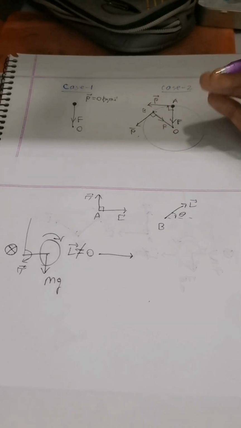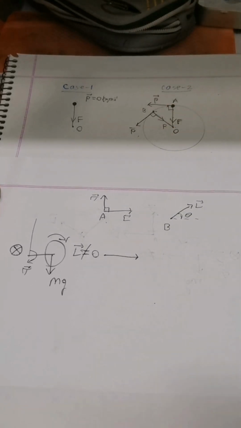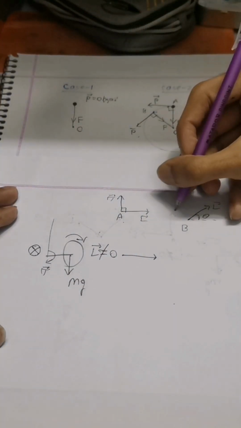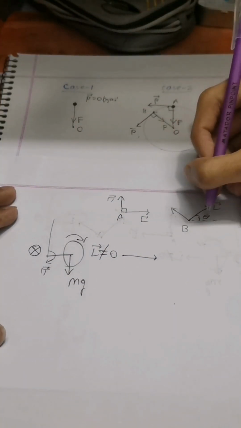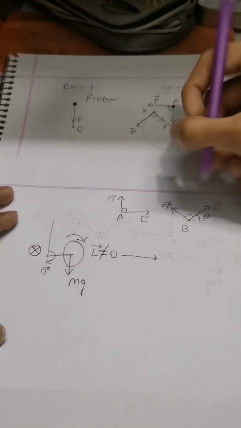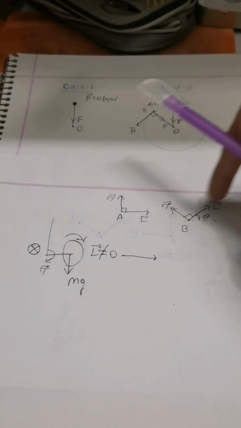And now where's the torque? The torque is still acting, but as you can see, this axle is attached to this point. Therefore, the torque will also rotate with theta angle, and the torque will still remain perpendicular to that angular momentum.